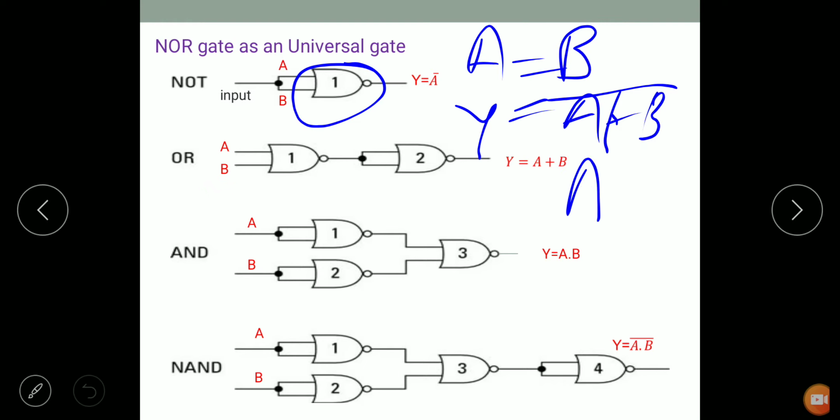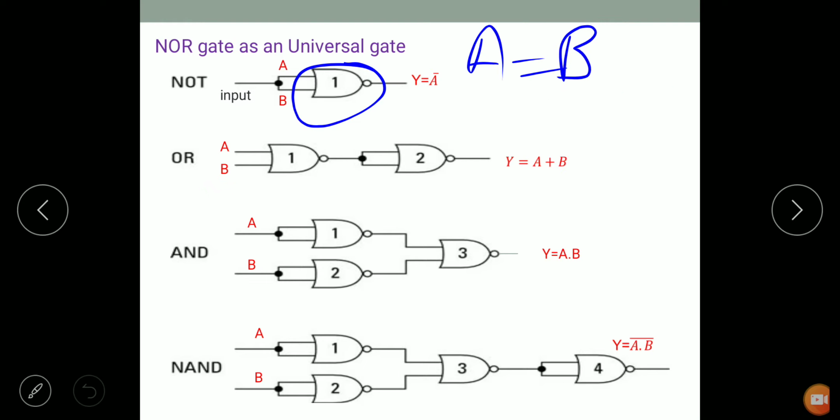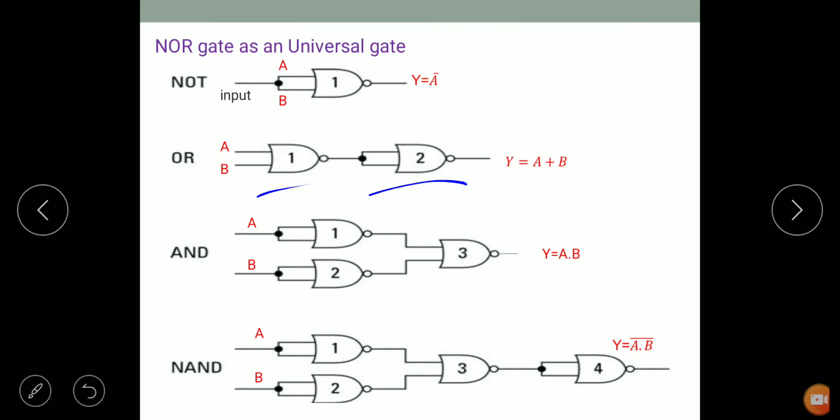Then second, OR. Here, instead of NAND gates, we use 2 NOR gates. Input is A and B. What is the output for the first NOR gate? A plus B whole bar. This is the output for the first NOR gate.